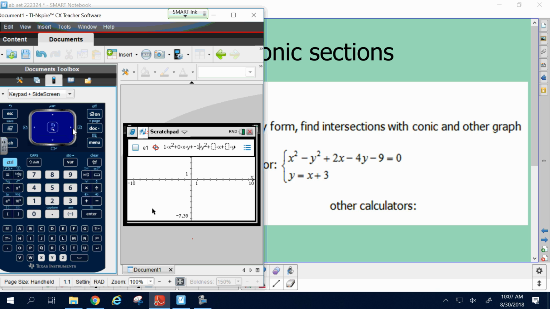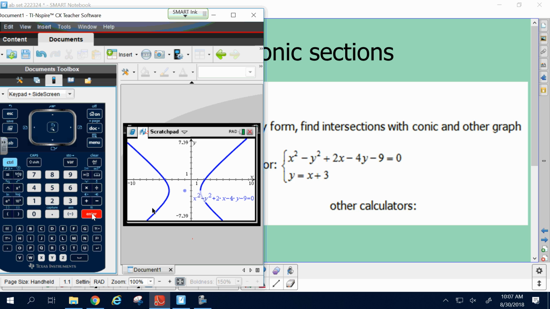You hopefully are seeing the idea. The x's, 2, the y's, -4, -9. Does it equal 0? Boom. Yay, same graph. Okay.